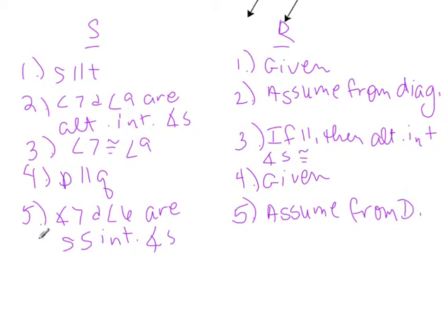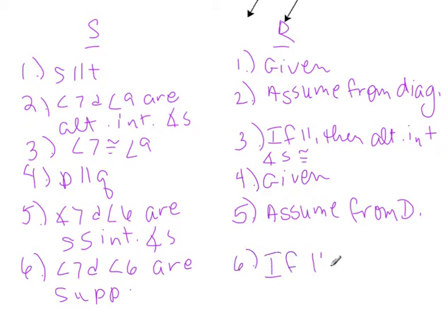And now that I know that, I can say that angle 7 and angle 6 are supplementary. And the reason for that is if lines are parallel, then same side interior angles are supplementary.